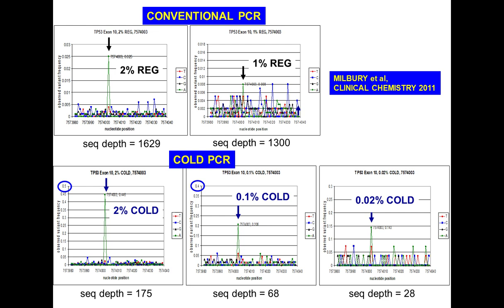And what we saw here is essentially the limits of sequencing. By using conventional PCR, a 2% mutation can still be seen over the sequencing noise that we get by using the standard protocols that come from Illumina, while with 1% we are close to the noise.